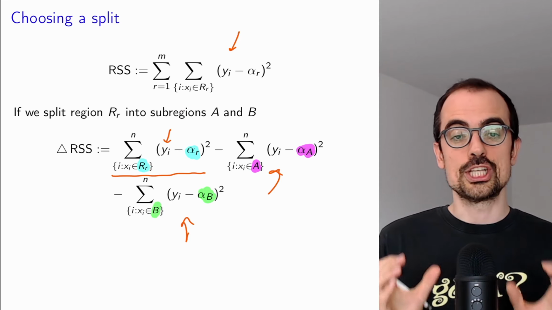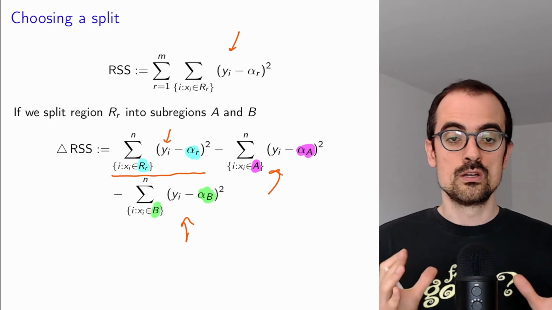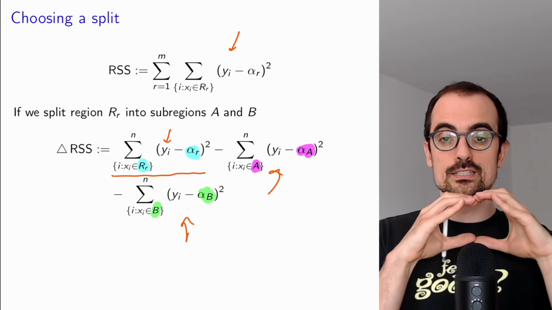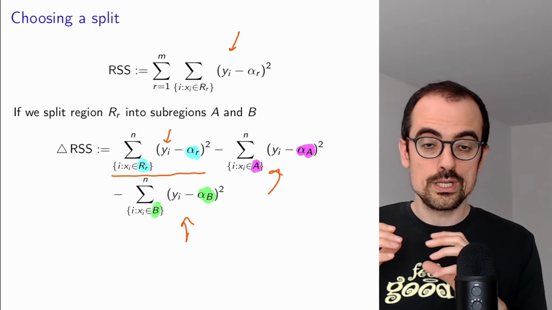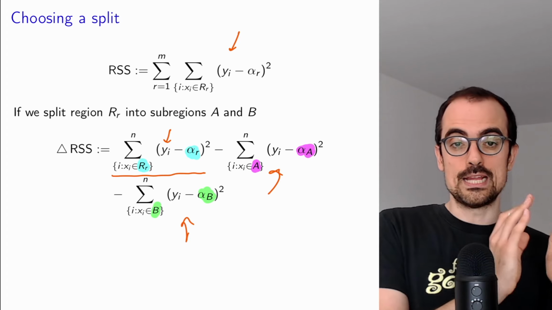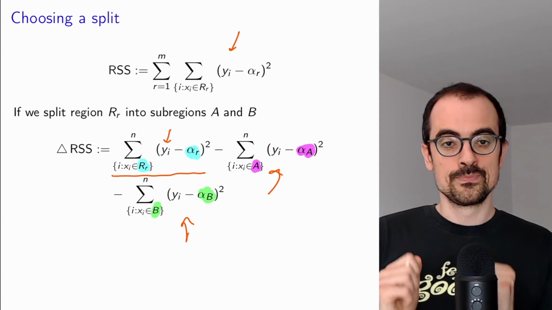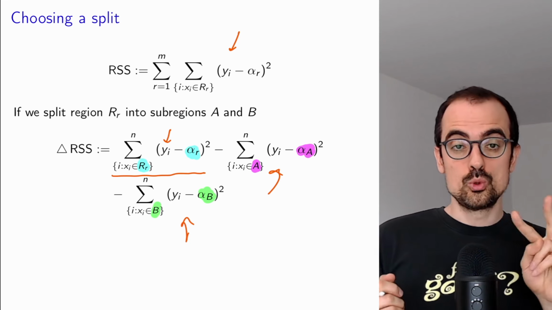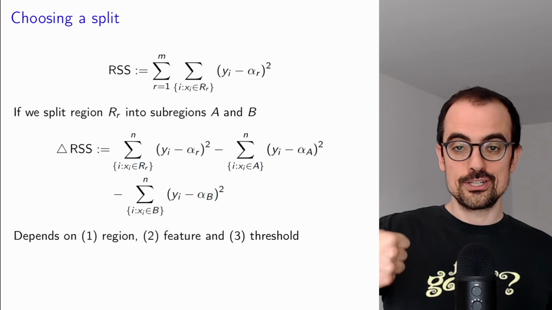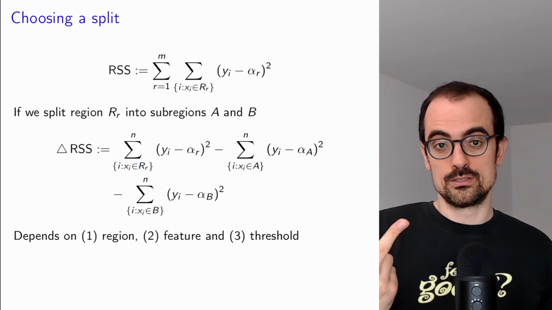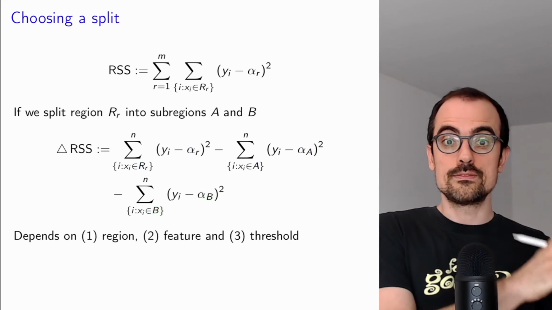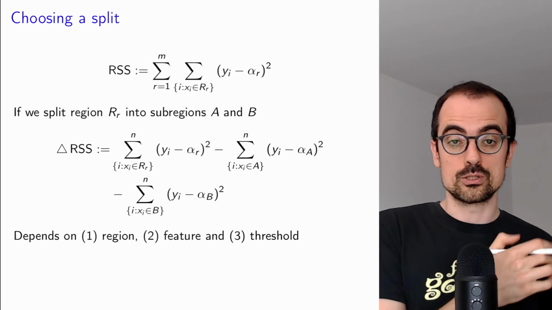That's going to be the change in the residual sum of squares from the original tree where this region R is not separated, and the new tree where region R is separated into region A and region B. We're going to have two such subregions for each region, feature, and threshold, right? We have to choose what region to split, according to what feature, and according to what threshold.